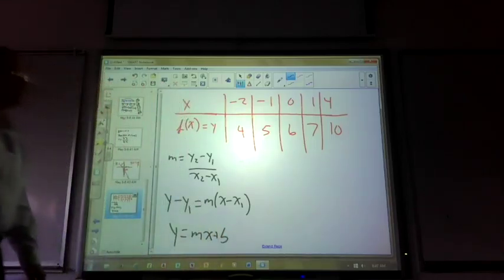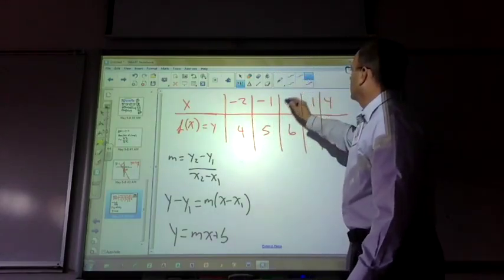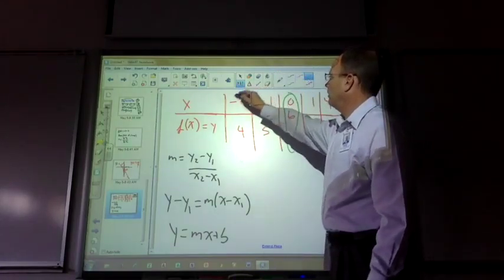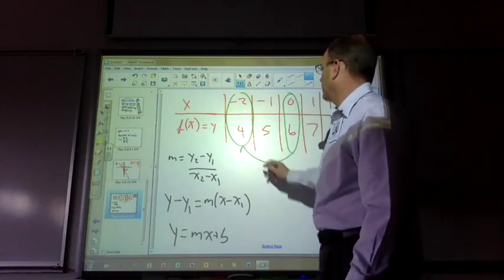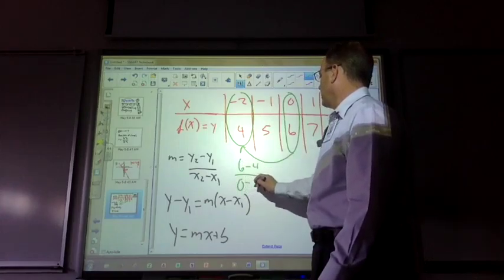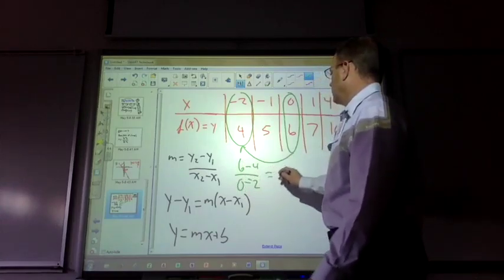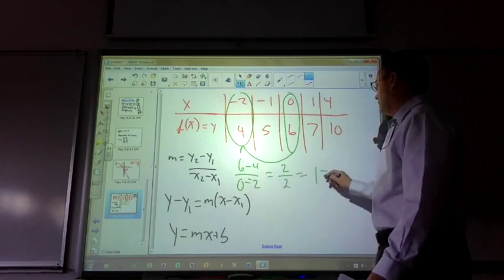Okay? So let's pick these and these. Sound good? Find the slope. I'm going to go this way. 6 minus 4 over 0 minus negative 2, 2 over 2 equals 1, that's my slope.